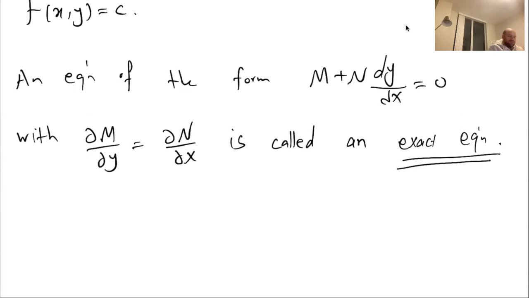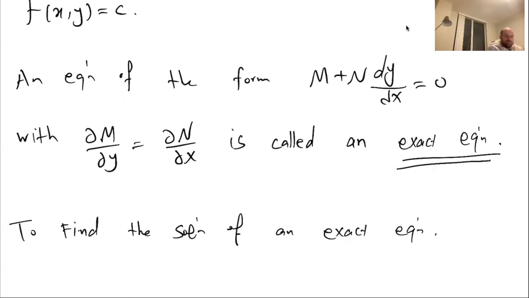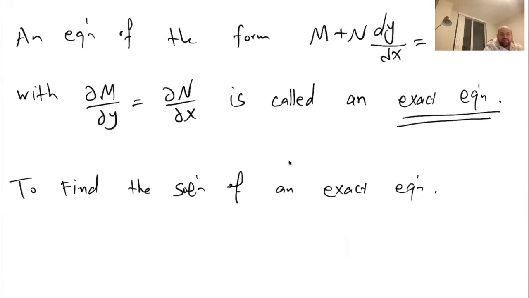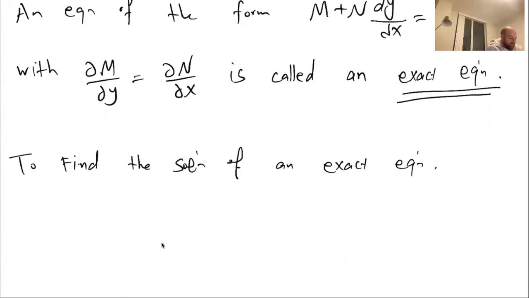Now, how can you find the solution of an exact equation? To find the solution of an exact equation, we can integrate. Let's start with M equals df to dx.